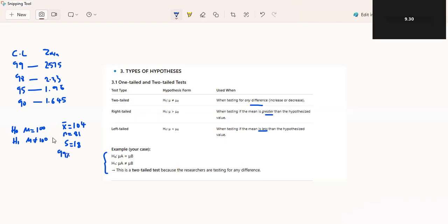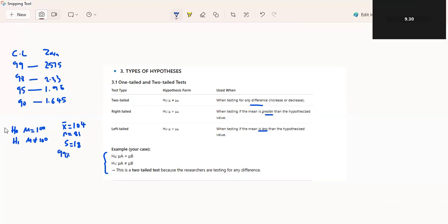So the hospitals are claiming that only 100 people die of COVID monthly. Then we sampled 81 clinics with a standard deviation of 18, and we found that actually 104 died. Is there a difference between the two, or is it negligible?